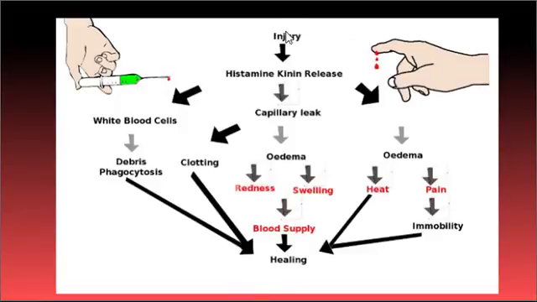Here's another picture that shows you the release, the signs, which is not necessarily infection. This is not bacterial. This is just injury that leads to inflammation, that redness, swelling, warmth, which is your body's response with the white blood counts, phagocytes, everything coming in to help you heal.